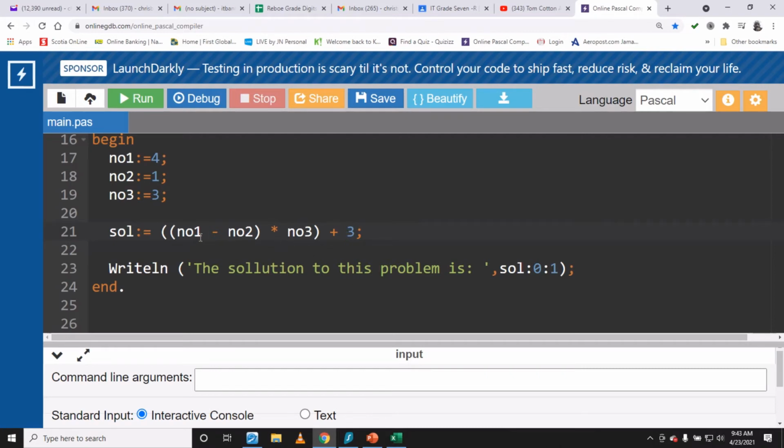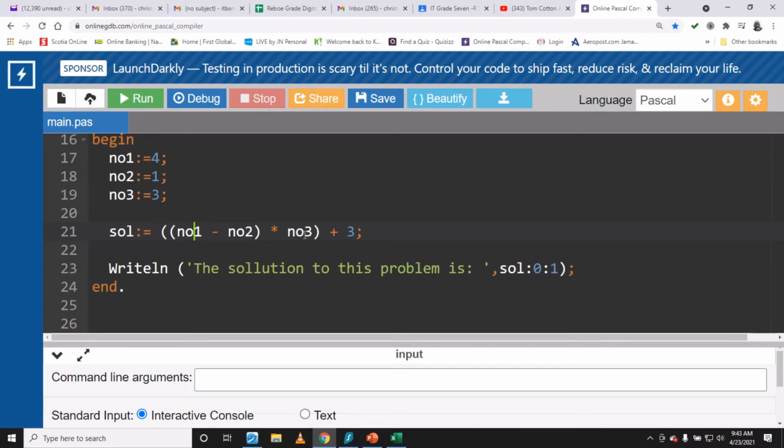Num1 minus num2. So num1 is 4, because it's the innermost bracket, right? So we have to do this one first. Then we do the outermost bracket. And then we do the rest of the calculation. So 4 minus 1 will be 3.